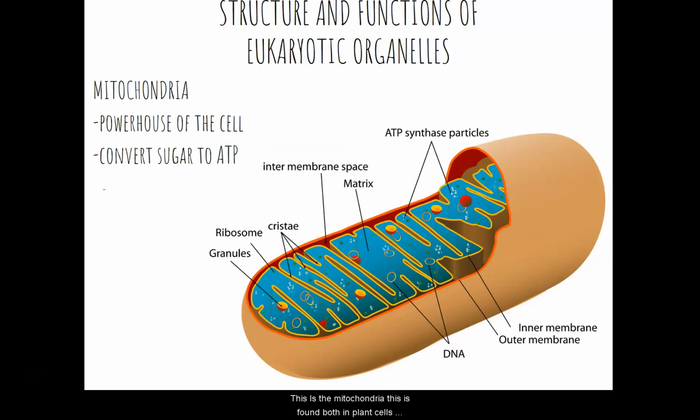This is the mitochondria. This is found both in plant cells and in animal cells. We'll have it in both. Like the chloroplast, it has a double membrane. It has an outer membrane and an inner membrane.